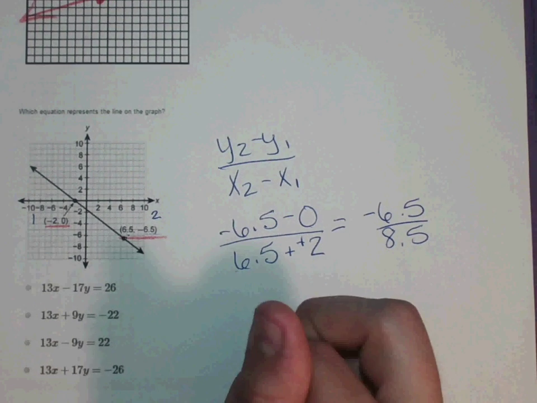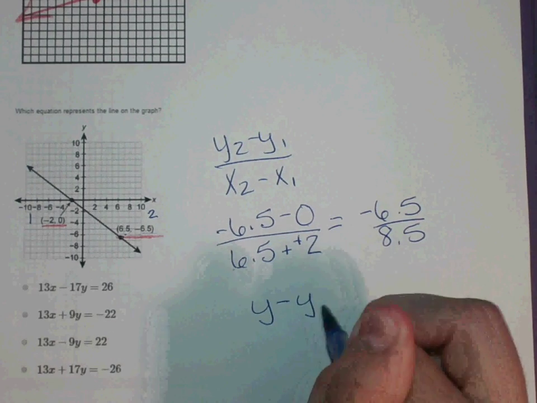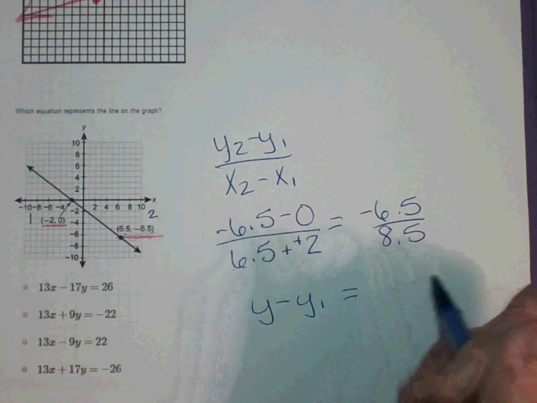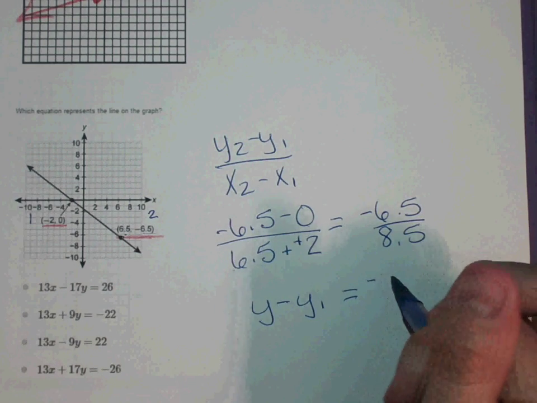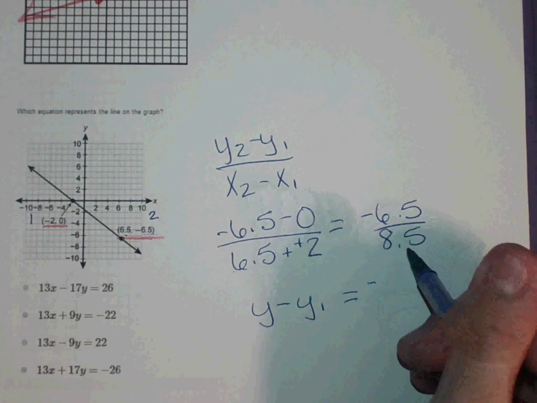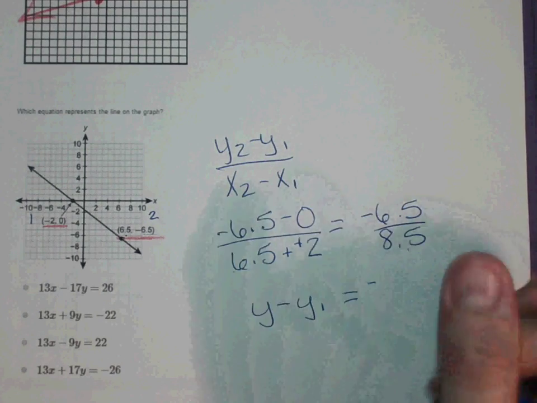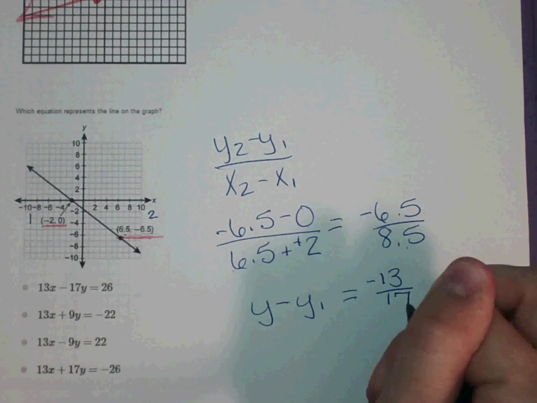Okay, so I've got y minus y1. I'm going to start with point slope just because it's a little easier for me to start here. So I'm going to multiply both of these by 2 just so it's easier to plug in. So -6.5 is -13 over 17.